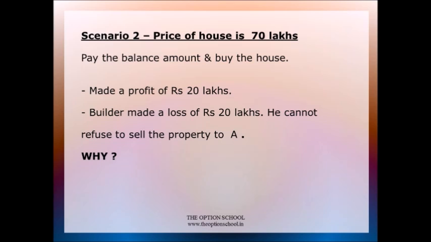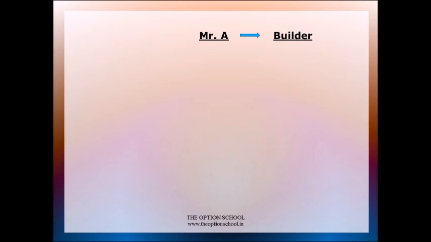Let us understand that. Now Mr. A has given 1 lakh rupees to the builder. In any transaction, the person who is making a payment is a buyer, is a customer. So as far as the house is concerned, yes, Mr. A is the buyer, the builder is the seller. But since Mr. A has given a payment to the builder, there is another thing which he has purchased. He has purchased a right to buy the house.